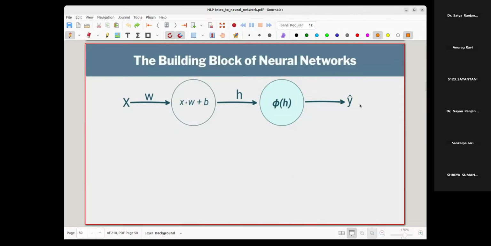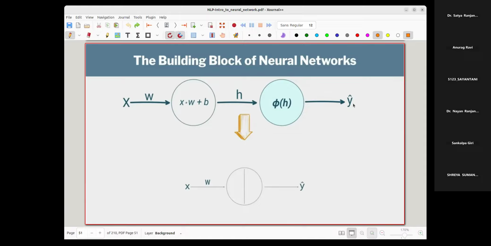Now, what is the building block? For creating a neural network, we need one building block which will take input. First, it will transform x into x times w plus b. Then whatever value is obtained will pass through the nonlinear activation function. Then we will get the prediction output. So instead of using two different things, we can put these two into one simple picture. Here x and w are the input.